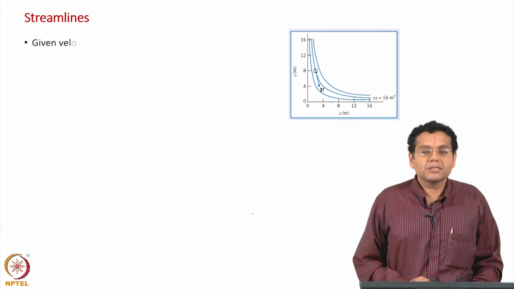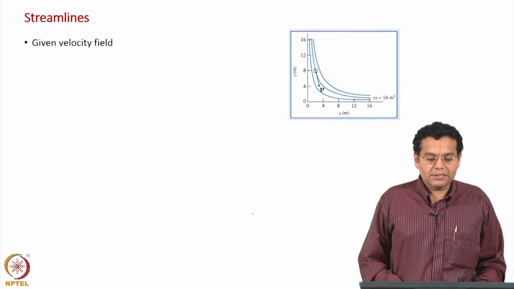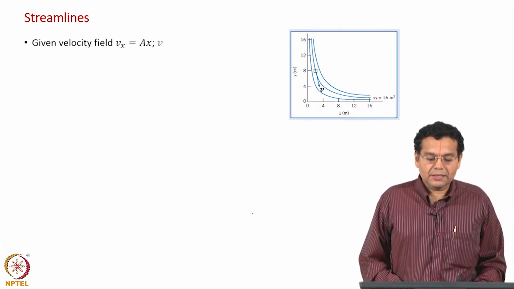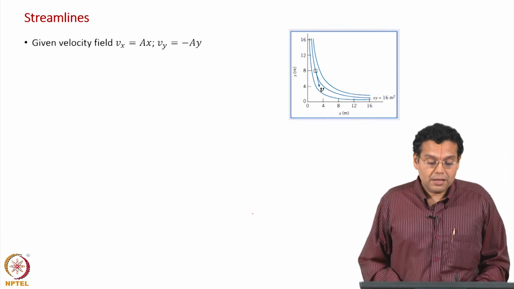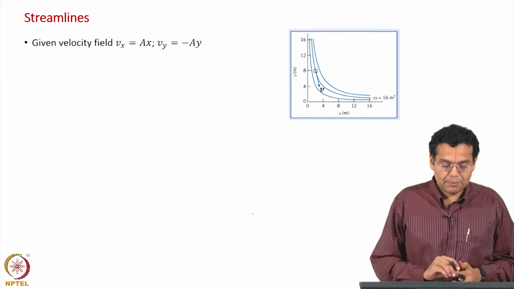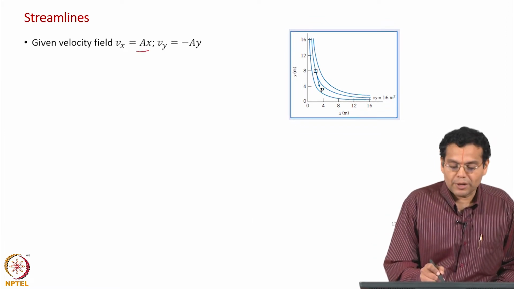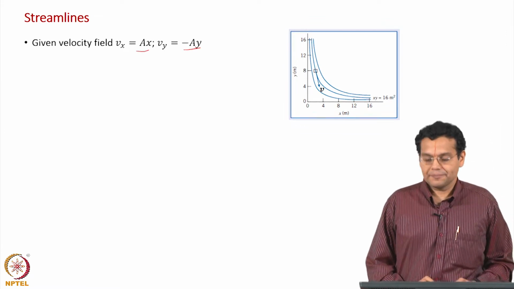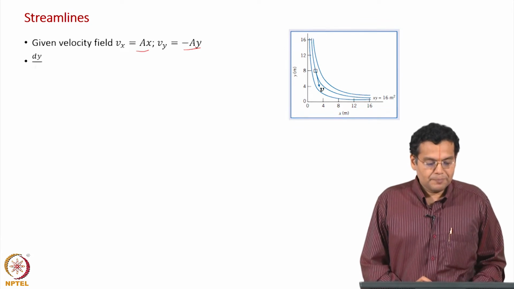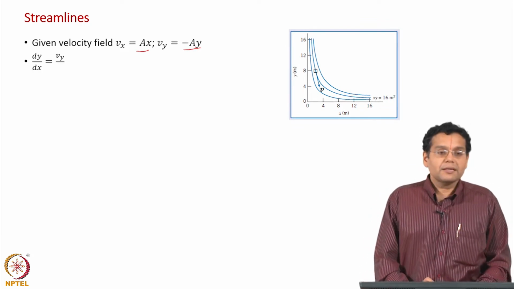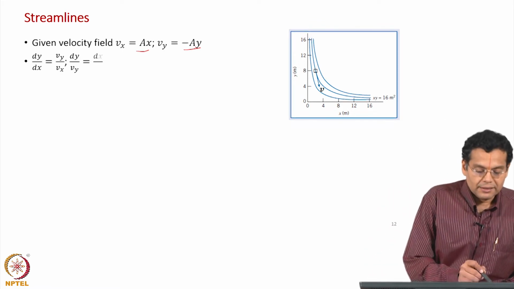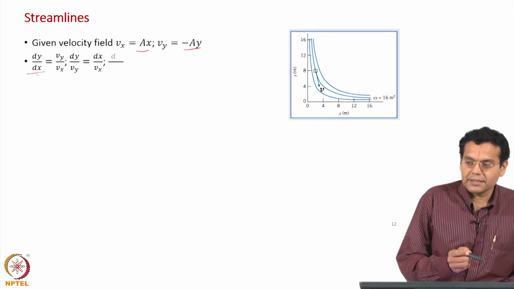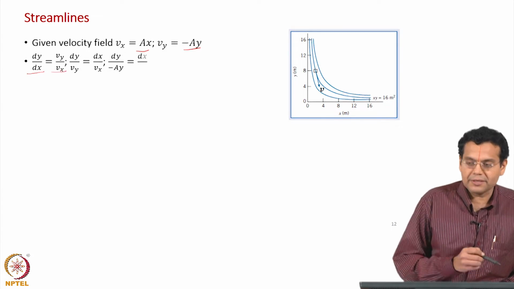What is given to us is the velocity field. I have written the components here. Earlier we had it as a vector. So the x component is a x, the y component is minus a y. Now, we have seen that the equation for a streamline is dy by dx equal to vy by vx.